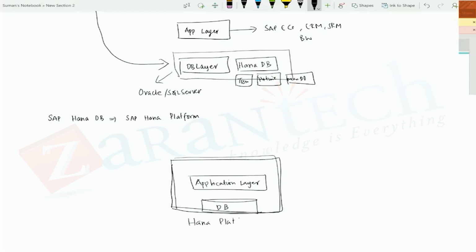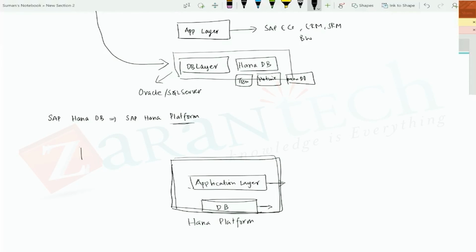My HANA platform now contains the database capability which was originally available, but it also brought in an application layer. And I will explain what this application layer does for us. So the platform now contains both an application layer and a database layer.